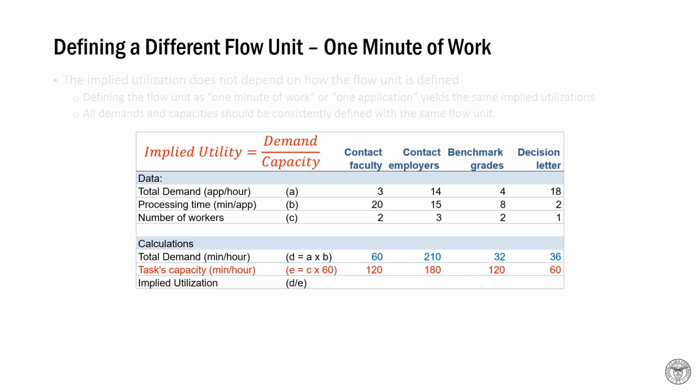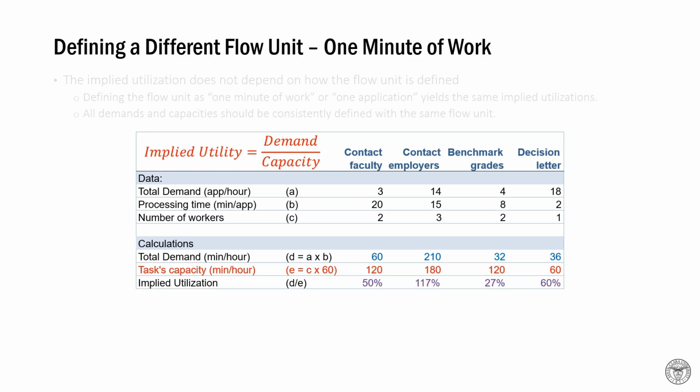The benchmark grade task, handled by 2 employees, has a capacity of 120 minutes of work, while the decision letter task, assigned to 1 employee, has a capacity of 60 minutes of work.